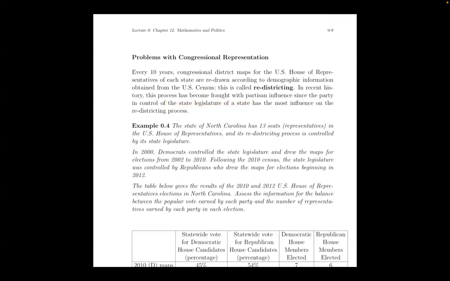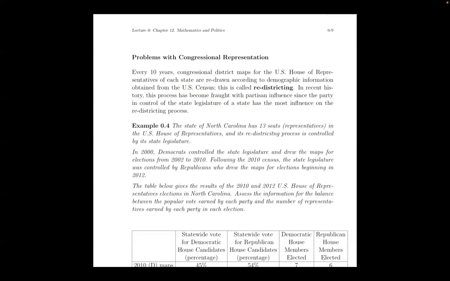And as the very last example we look at in this set of notes in this video, we'll see how we can draw maps in ways that will favor one party over another, or how to draw perhaps a fair map, and to help things be as expected.